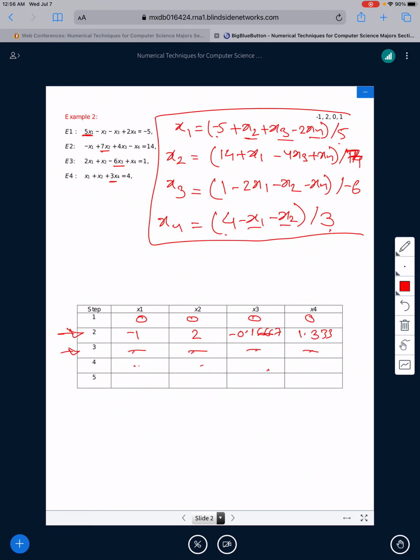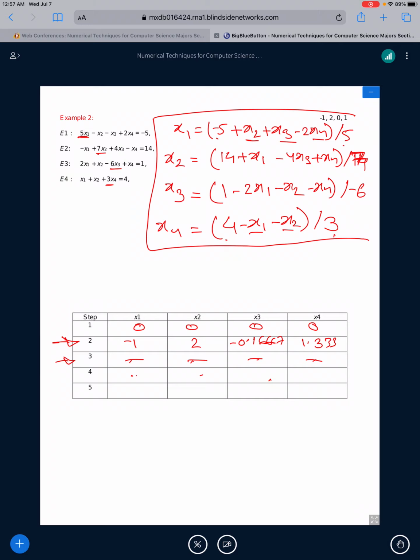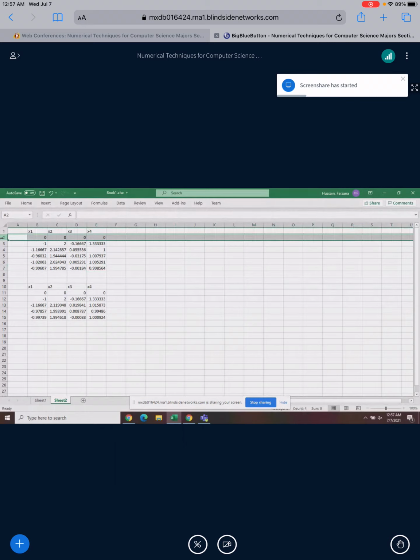Again, I'm going to show you guys the solution for this one. I have used an Excel worksheet for completing the calculation, so here you go. The first step assumes x1, x2, x3, x4 are all 0.